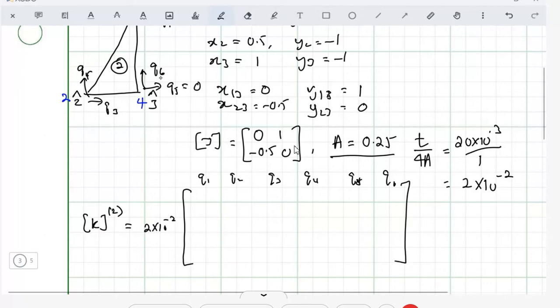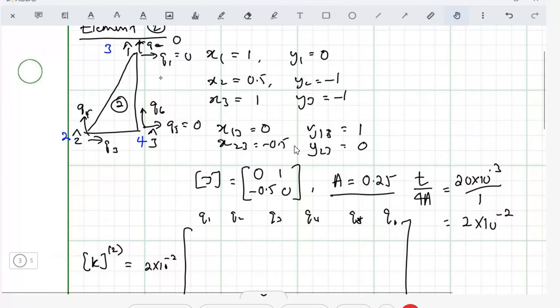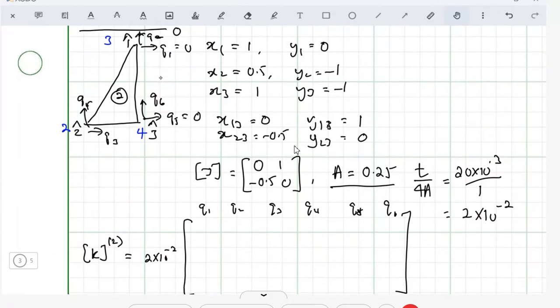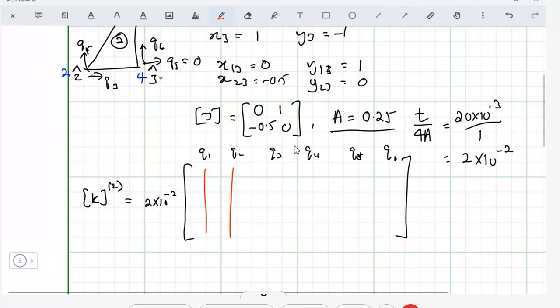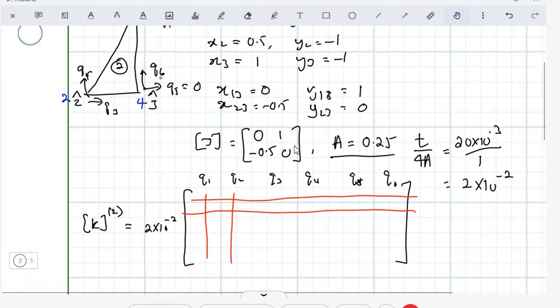Okay, so we note that Q1 and Q2 are equal to 0 and 0, so we do not need Q1 and Q2, and because of that, we also do not need this one. Q3 and Q4 are our unknown degrees of freedom. Q5 is 0, so we do not need this one, and at the same time, we do not need this one.